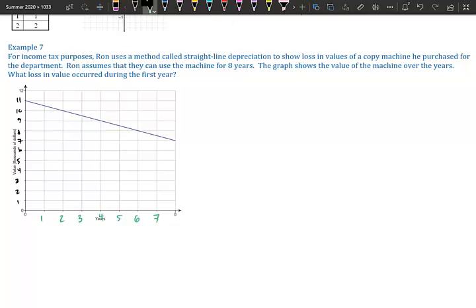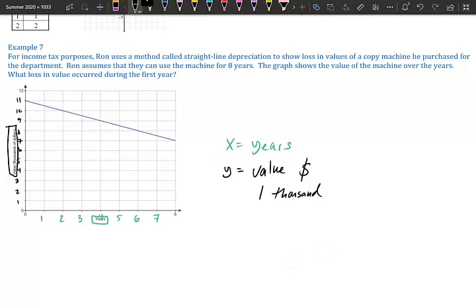So x represents years. It tells me that right here, because that's the x-axis. And then y represents value, which is money. And it tells me right here. And it's in thousands. So if I wanted to write 1,000, it would be 1, because it's in thousands. So that's why we do it that way.